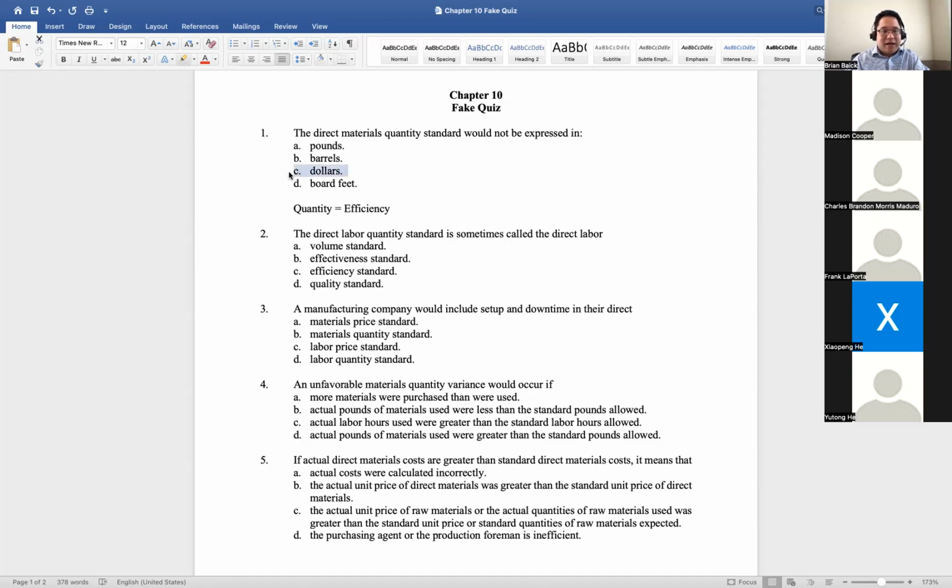Could you have board feet, like if you're building a deck or something? I think so, right? So which does not make sense? For materials, you wouldn't have dollars of materials, but pounds, barrels, board feet, those all make sense.